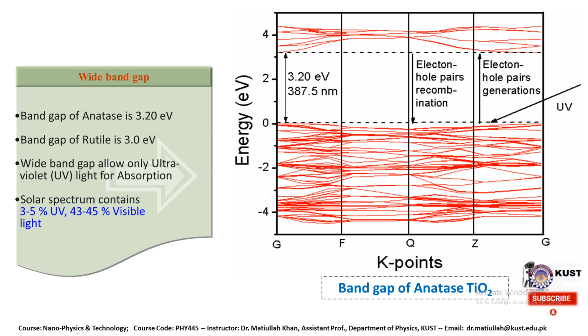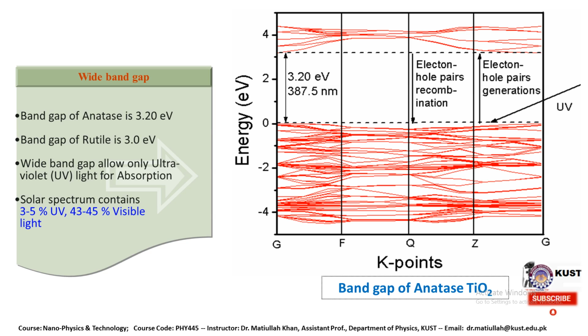We can see that the wavelength comes in the region of 387.5 nanometer, and this comes in the range of ultraviolet light. So this means that only ultraviolet light could be utilized to shift an electron from the valence band toward the conduction band. So this is actually the absorption process.